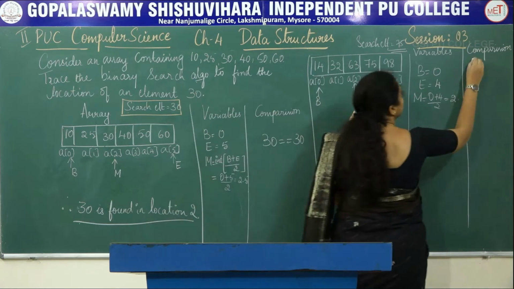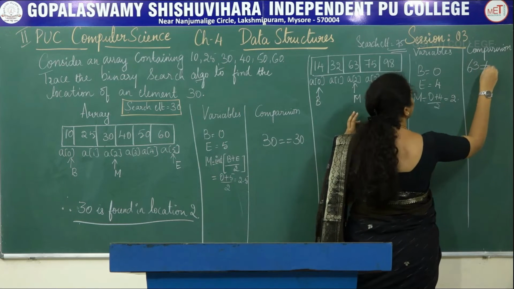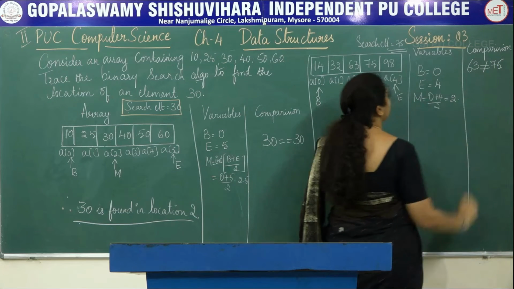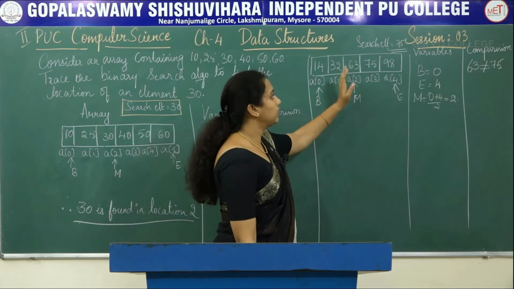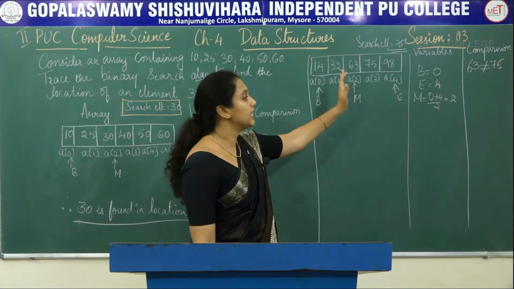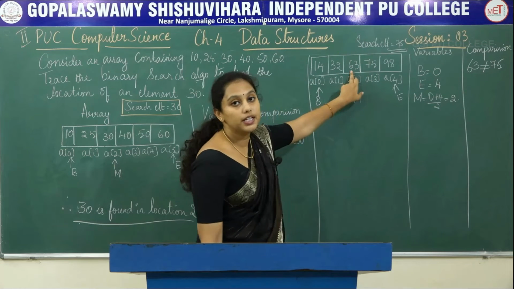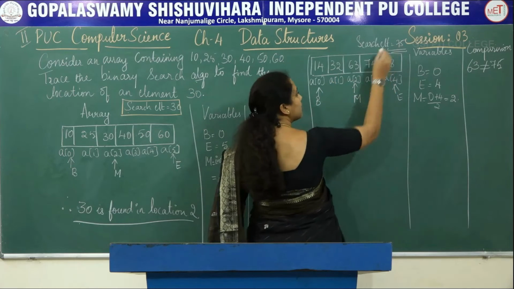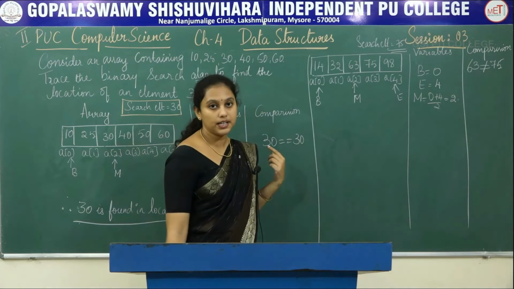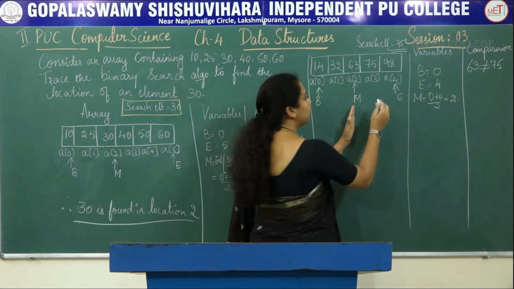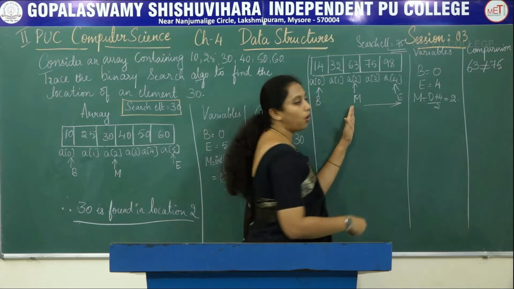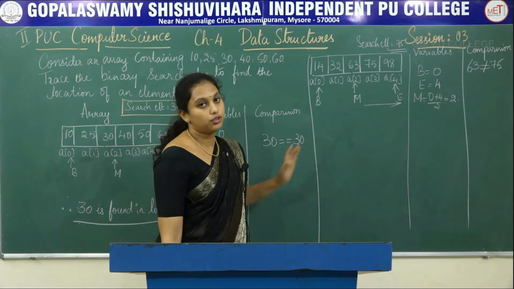No. So 63 does not equal 75. Hence we have to check whether the value of the search element is greater than the middle element. So 75 is greater than 63. Hence we have to search the element towards the right of the array.